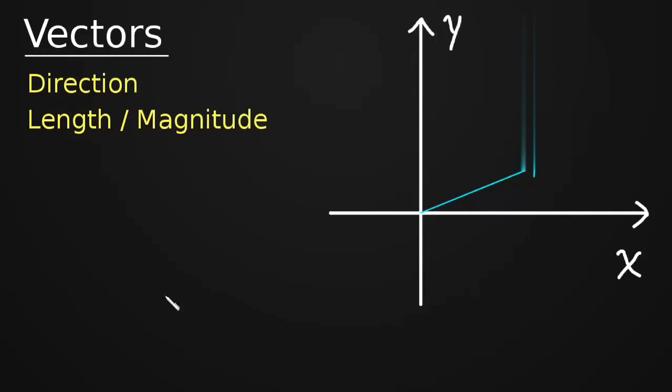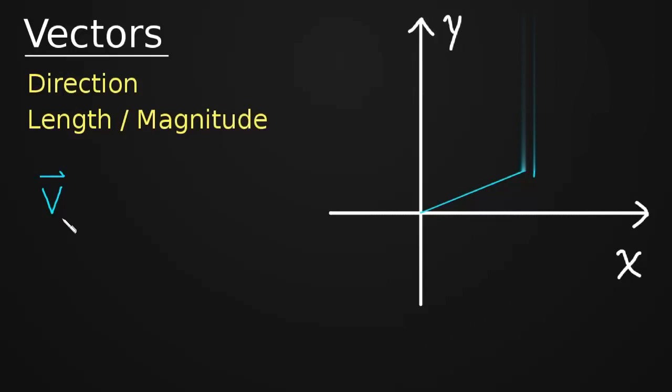Now let's look at a specific example. Here is a vector, and I want to, first of all, name that vector. So I'm just going to call it V, and I'm going to put a little arrow over the top of it to make sure that we know that this is a vector.